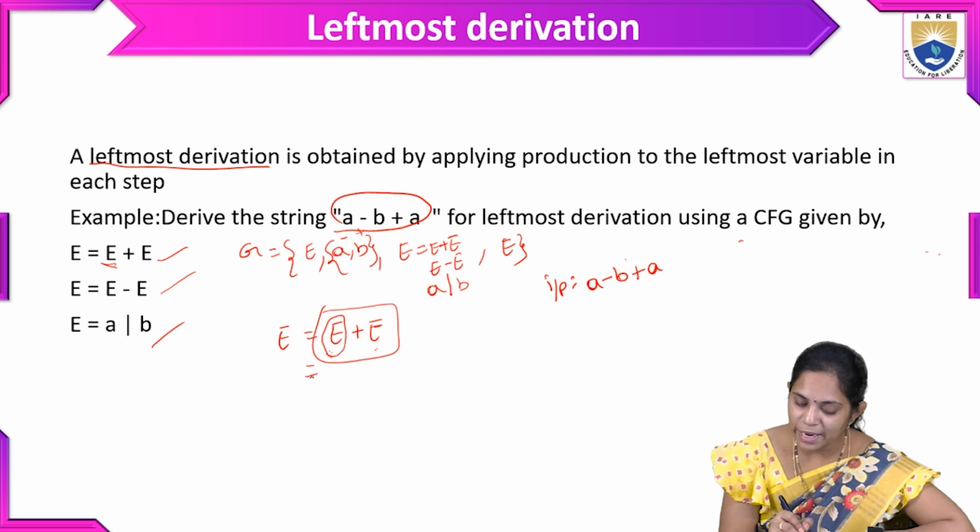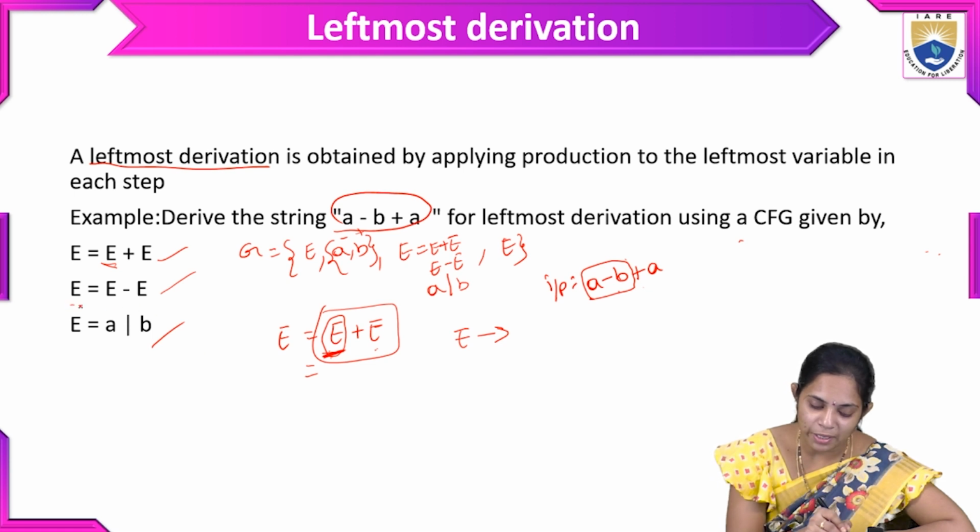From the left we have to replace the non-terminal symbols, and in the second step we replace it with the production rule. Here I am replacing the left hand side E. Here we have A minus B. Is there any production rule with the minus?